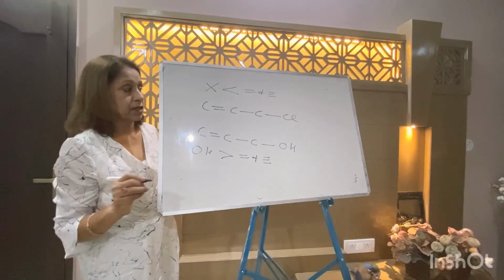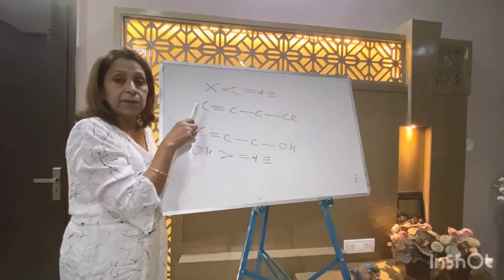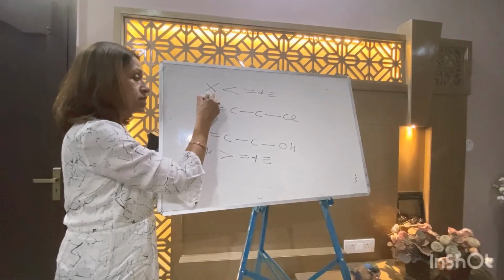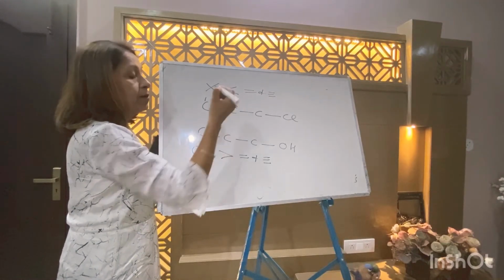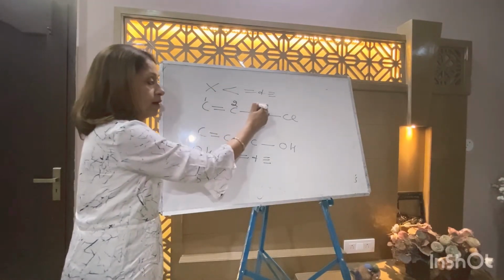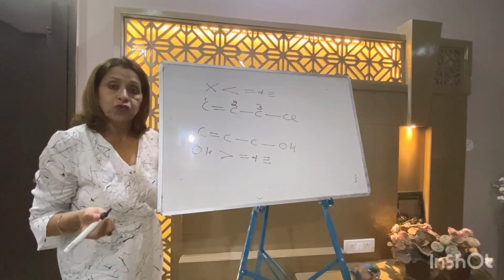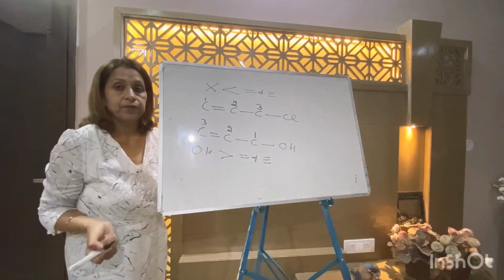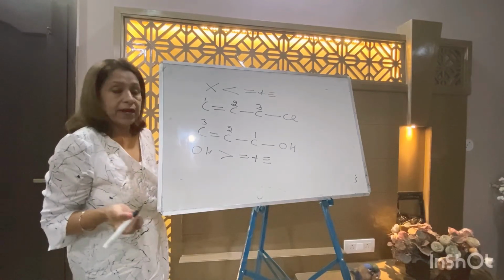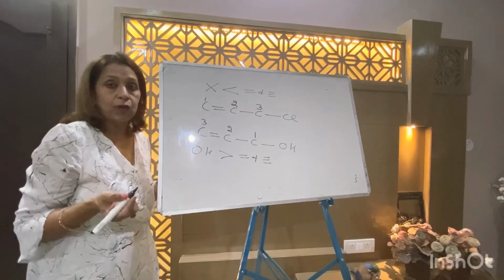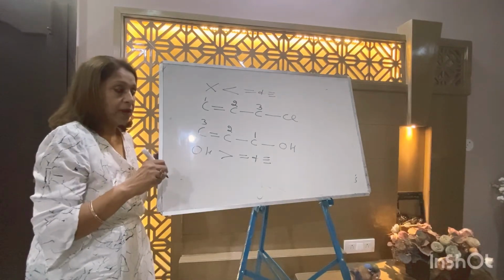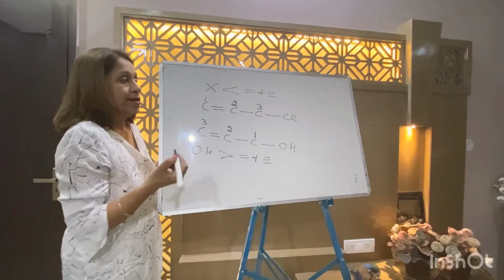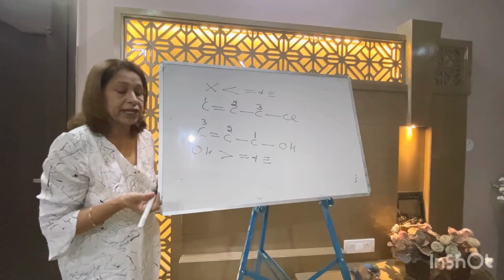So in this case, the double bond is preferred: start giving numbers from the side where the double bond takes the least number. So it's 1, 2, 3. But in this case, also 1, 2, 3. I think it's clear now. Double and triple bond are preferred over halogen, but alcohol and other groups are preferred over double and triple bond. I'm not going to write the hydrogen atoms.